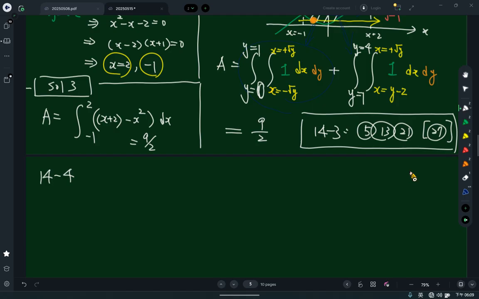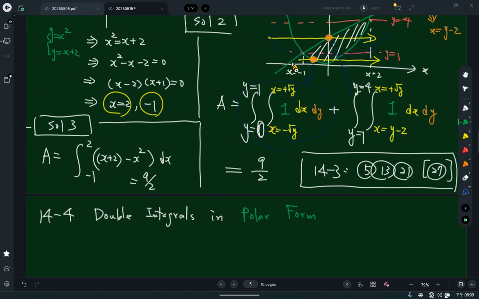For session 4, we are talking about double integrals in polar form. So what is polar form? Do you still remember?